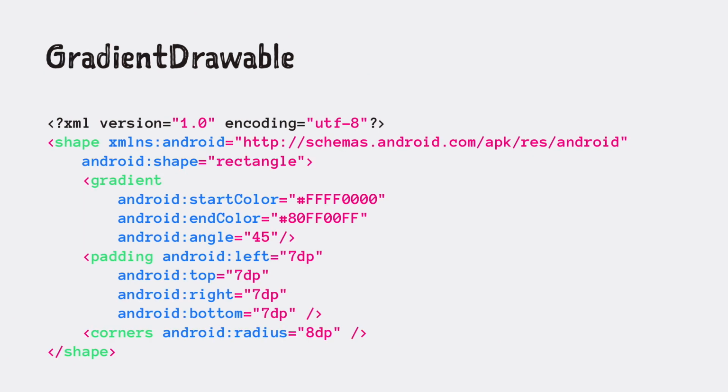And another very common drawable is a drawable that represents a shape, a rectangle or an oval. And again, this is represented by an XML that describes that particular drawable, what color it is, other properties that you might want to assign to it.